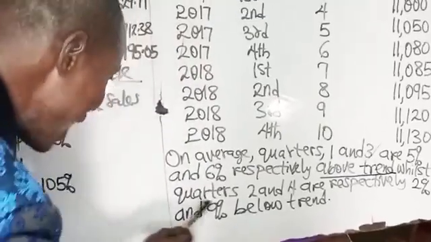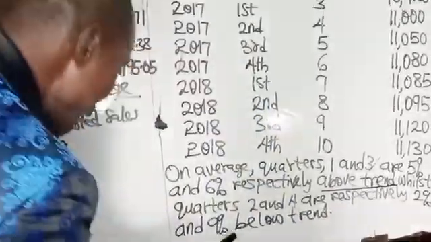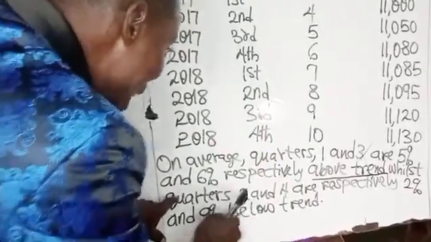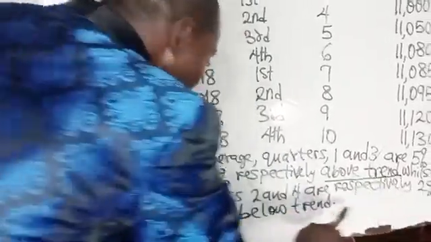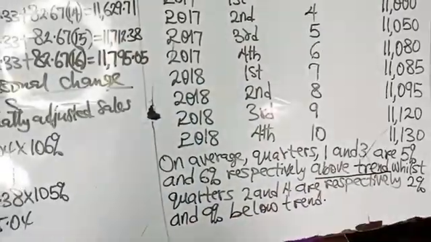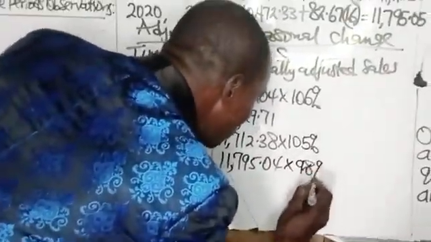Whilst quarter 2 and 4 are respectively 2% and 9% below trend. Since it is below trend, you subtract it from 100. That means for quarter 2, if you subtract 2 from 100, you'll be left with 98%. Quarter 2, we have it here. This is quarter 2 times 98%.